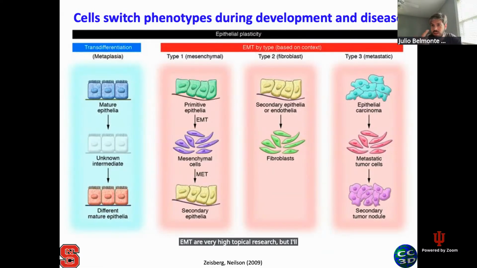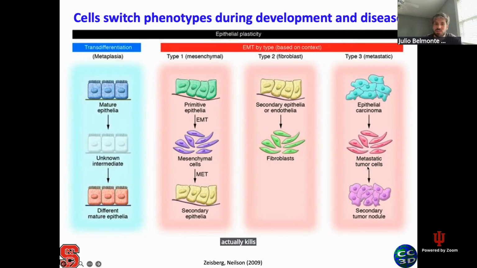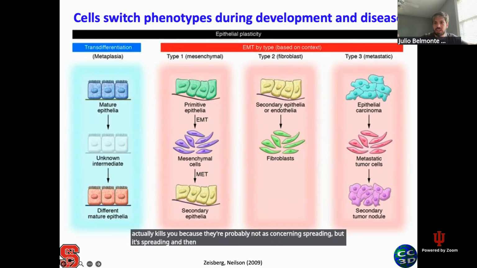But I'll say that equally important as EMT in cancer is also the reverse, when your metastatic cancer cells become an epithelium again, because it's actually this transition that kills you. The problem is not the cancer cell spreading, but that it spreads and then forms another cluster of cancer cells in other parts of our body. So I'll say that both of them are important.